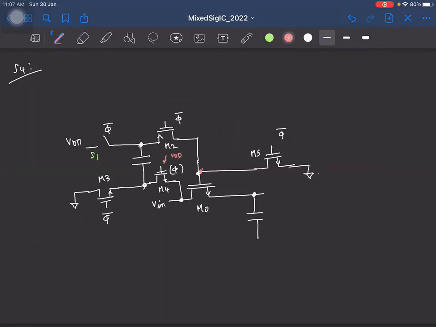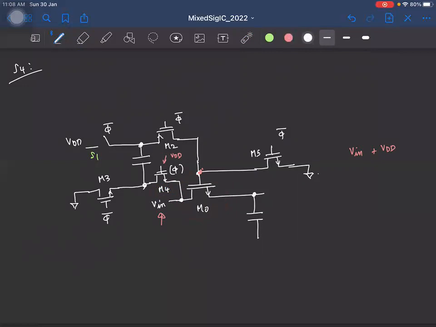Because if the input is close to VDD, the switch will not turn on. So we had a similar issue with this transistor. And what did we do? We are trying to connect the gate of the transistor M0 to Vin plus VDD, right? So we can do something similar for this transistor M4 also.